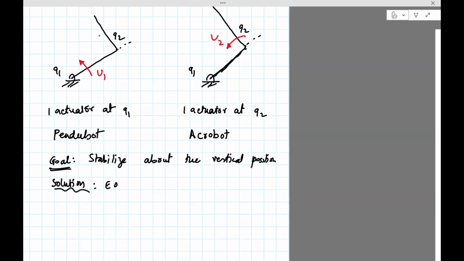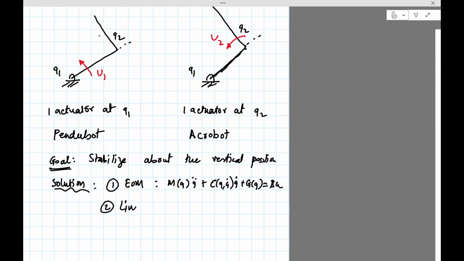First, we'll get the equations of motion. Okay, so M(q) q double dot plus C(q, q dot) q dot plus G(q) equals P u.